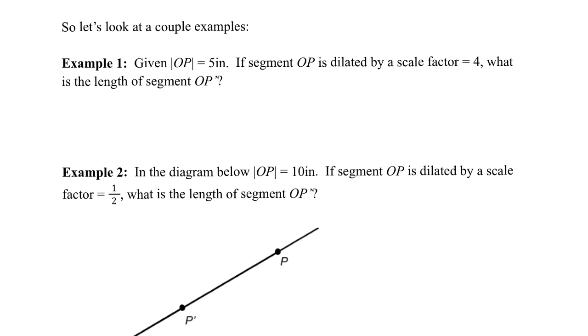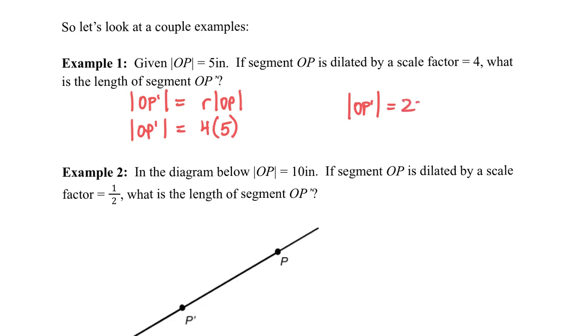So we would say that the length of segment OP prime is the length of OP times our scale factor. So in this case, the length of OP prime would be my scale factor, which is 4, times the length of OP, the original, which is 5. And so that means that the length of OP prime is going to be 20.